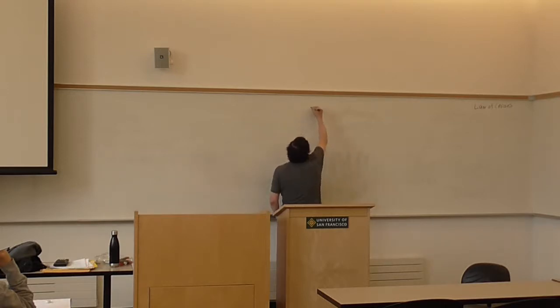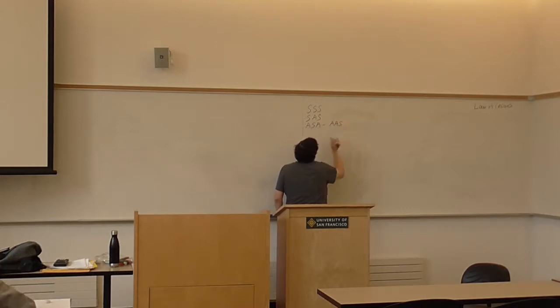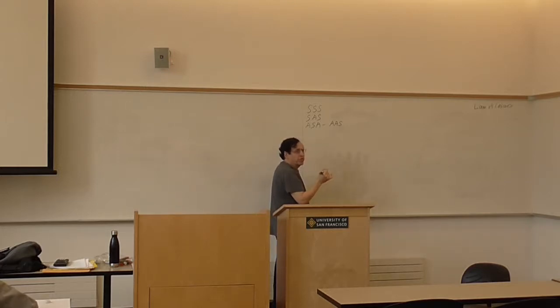So I look at this through the lens of the triangle congruences we talked about, SSS, SAS, ASA, which again is the same as AAS, pretty much, once you find the missing angle.